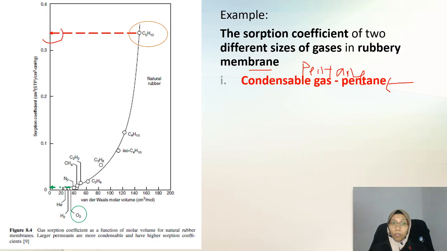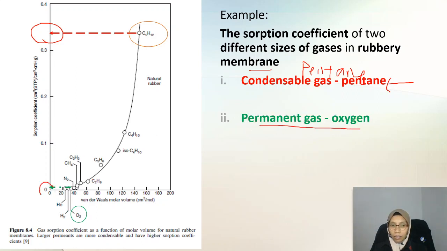So your absorption coefficient is around here, 0.3 something. But for the permanent gas, oxygen, it is around here, 0.0 something. So that is a different size, and we have a different absorption coefficient.